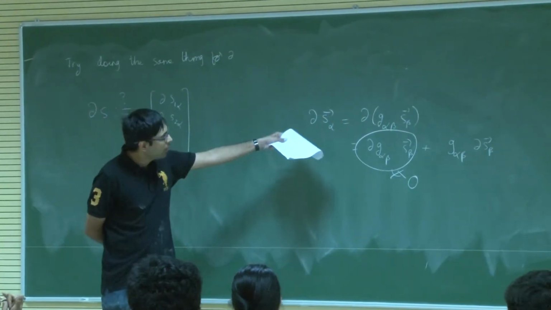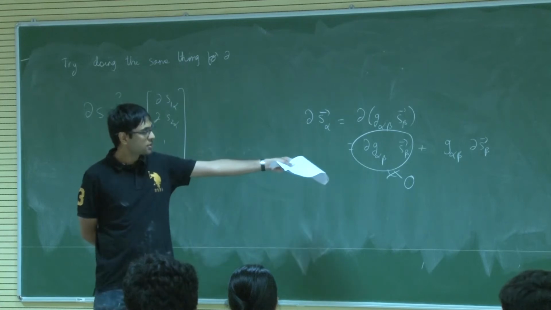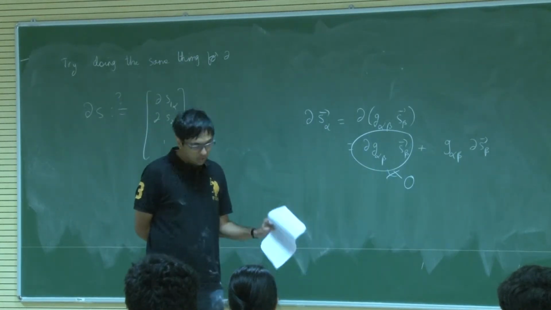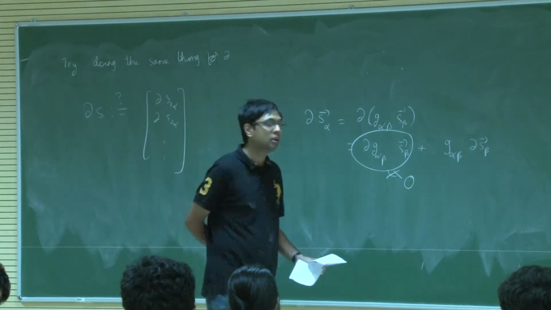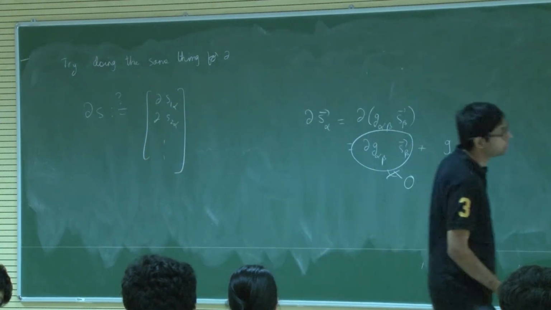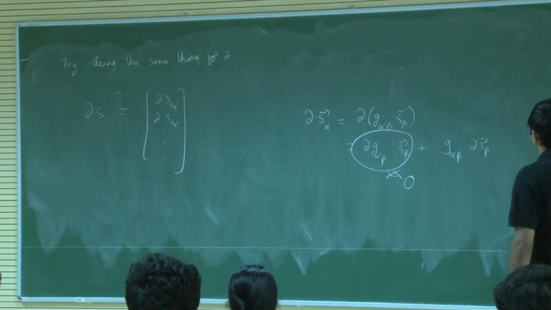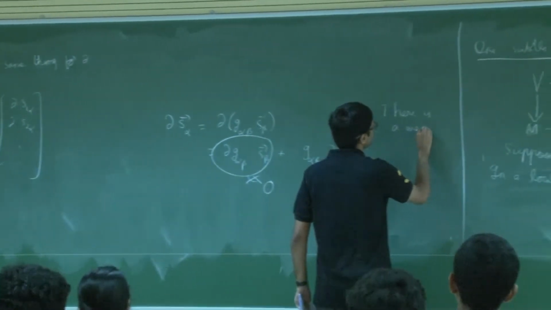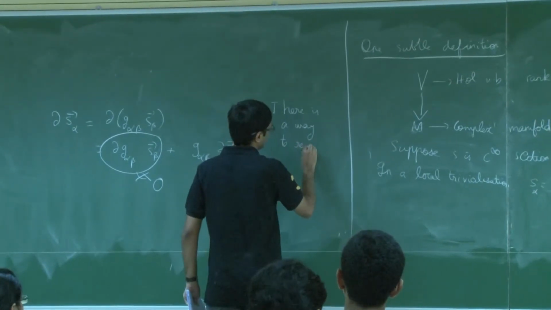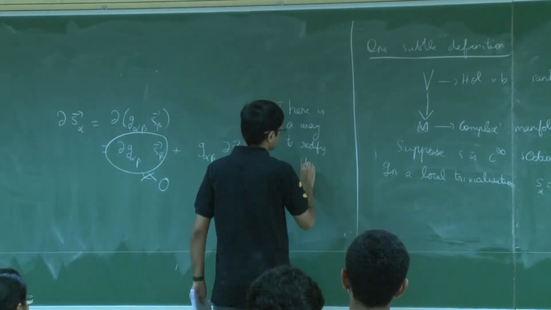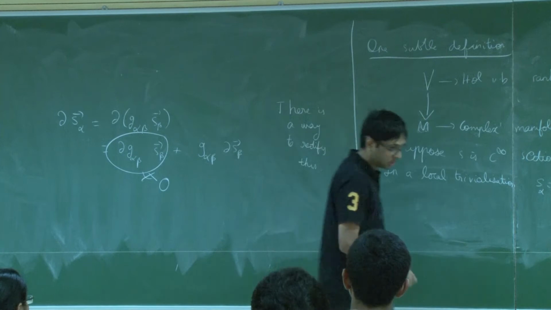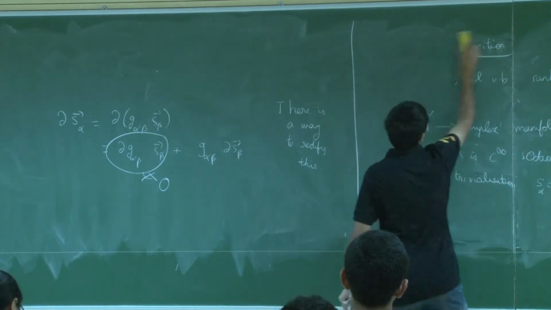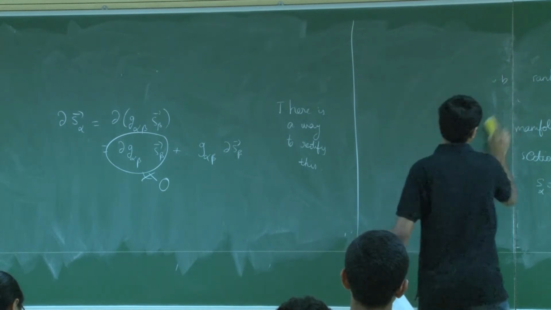So yeah, if you try to play the same game for del, you fail miserably because of this derivative term. But there is a very nice way to correct it, and that forces a definition upon us. There is a way to rectify this situation. So we are forced to define this object called a connection.